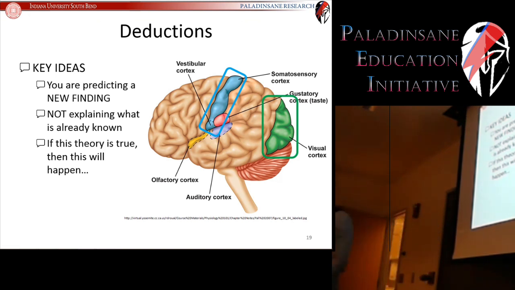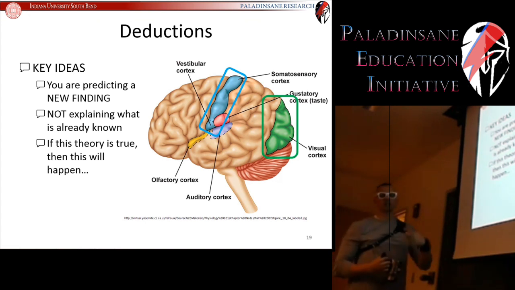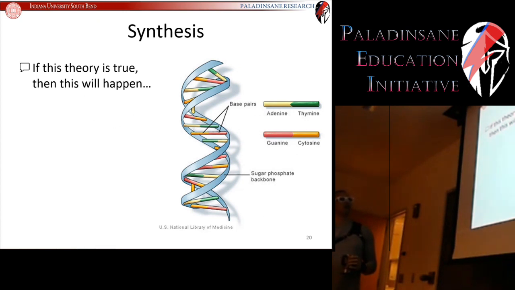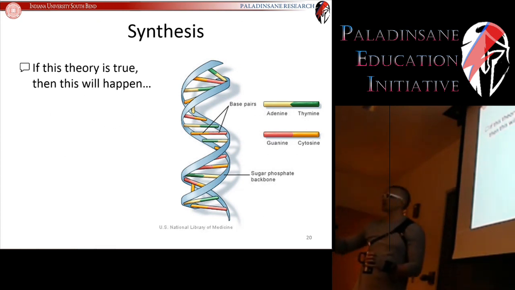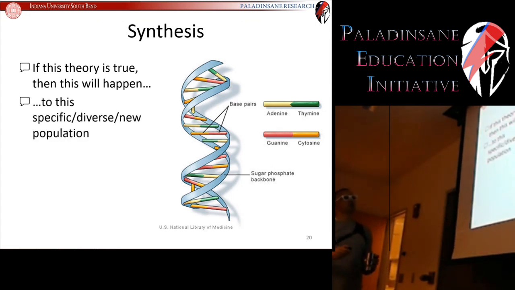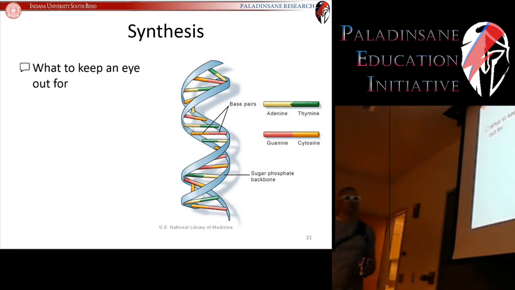And we'll get to that in the next section, which is on the drafts. All right, so again, for the synthesis part, the third section of your paper, when you put everything together: if this theory is true, then this will happen to this specific diverse or new population, the population that you're interested in, and that's where you come up with your new prediction.